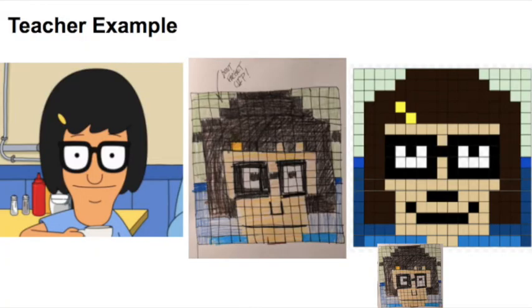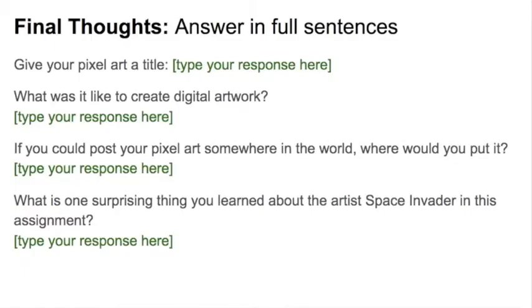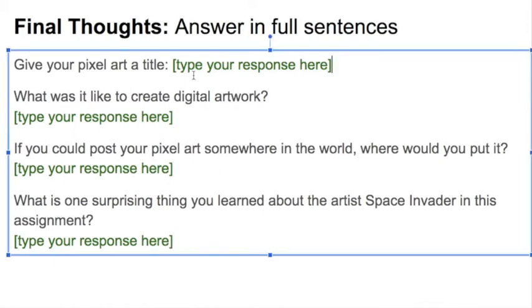Here you go, here's my work from start to finish. Once you are done with your pixel art, move on to slide 5, Final Thoughts. Answer in full sentences. First give your pixel art a title, and remember you can type right onto this slide. There's your title.